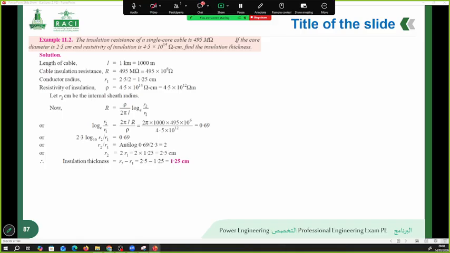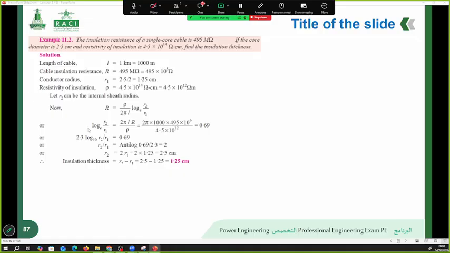The given data includes a cable length of 1 kilometer and insulation resistance of 495 megaohm, conductor diameter of 2.5 centimeter, yielding a radius of 1.25 centimeter, and insulation resistivity expressed in ohm centimeter, which is converted into ohm meter for consistency. The unknown parameter is the outer radius of insulation, from which the thickness can be derived.